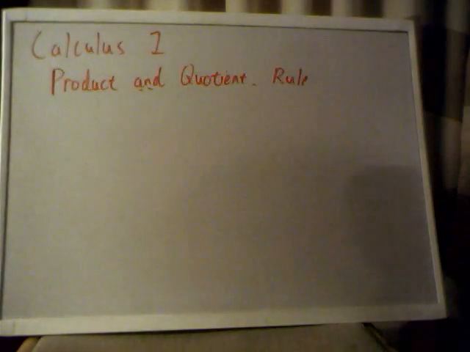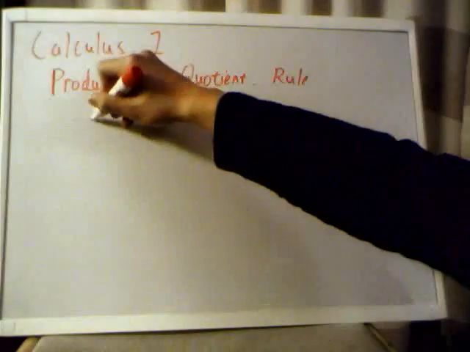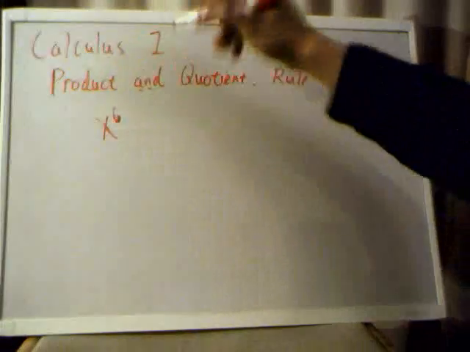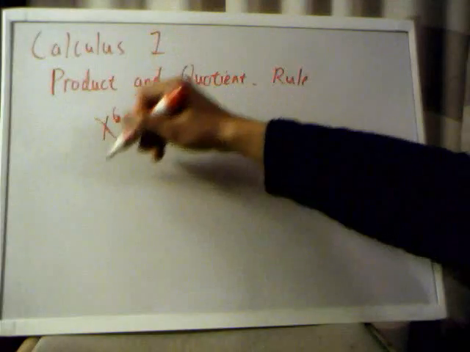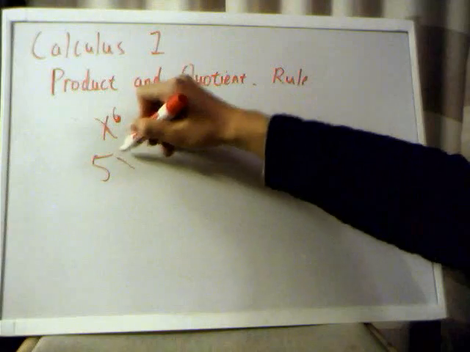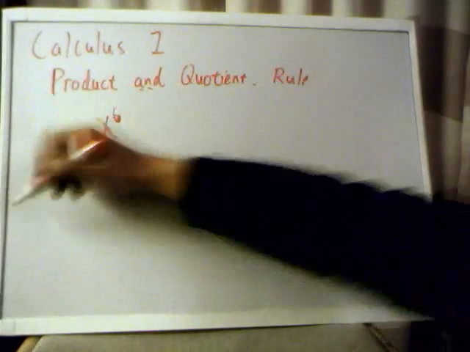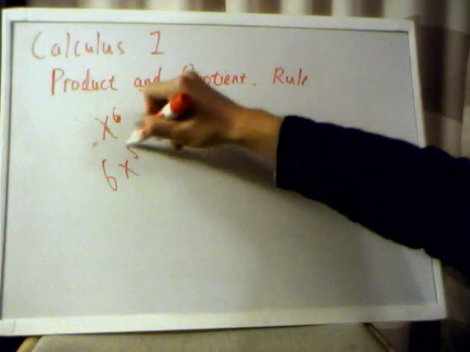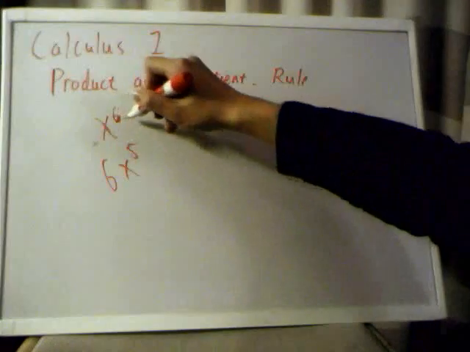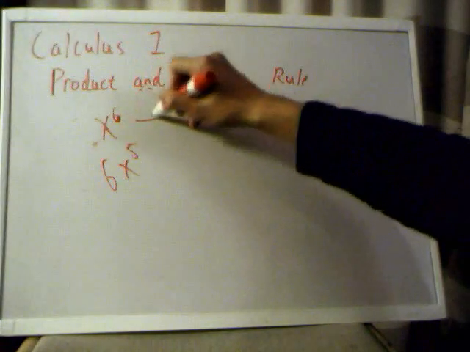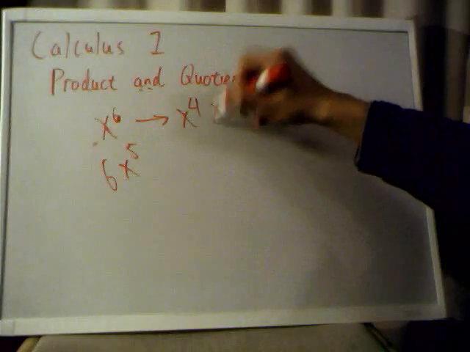To prove the product rule, let's go with this example: x to the 6th power. Clearly, the derivative of this function is simply 6 times x to the 5th power. But x to the 6th can also be rewritten as x to the 4th times x squared.